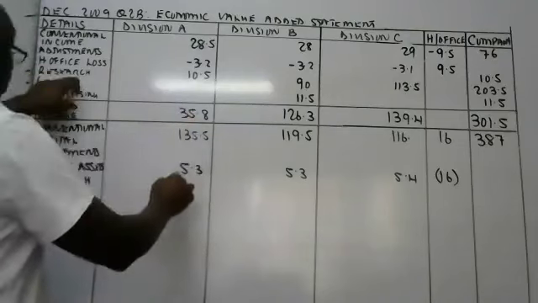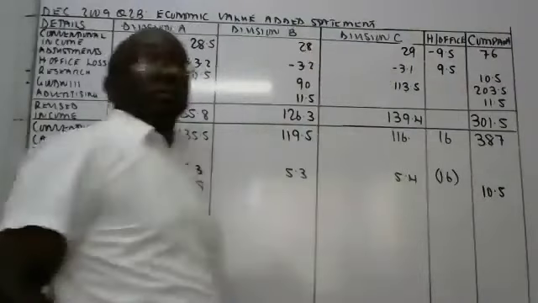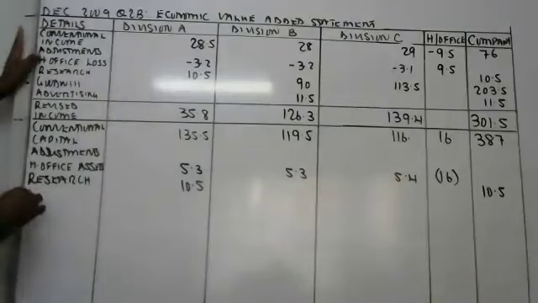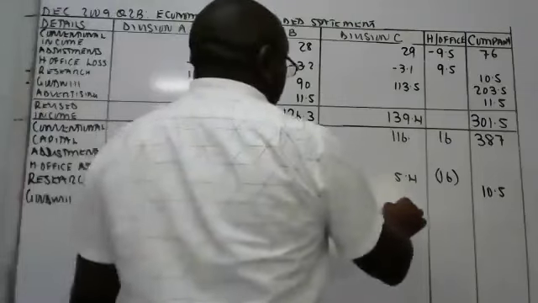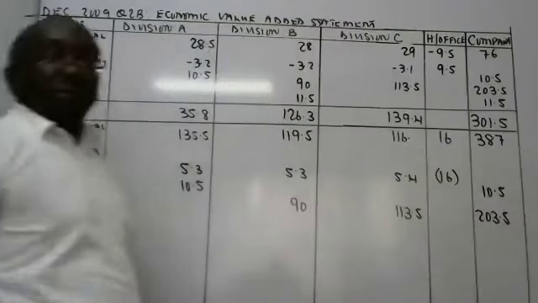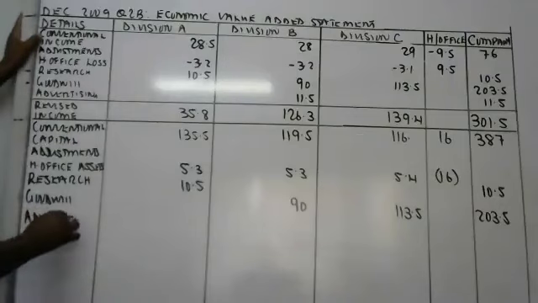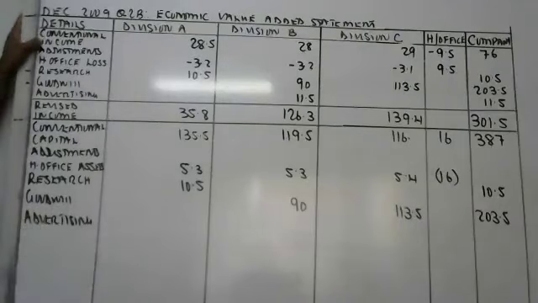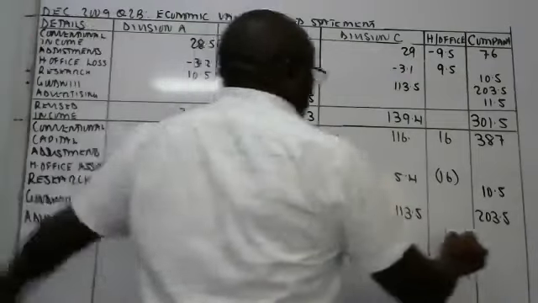So research is 10.5, and we put it here at the end, 10.5. Then the other one is Goodwill: it is 90 and 113.5, total 3.5. The other one, advertising, is 11.5 here and 11.5.